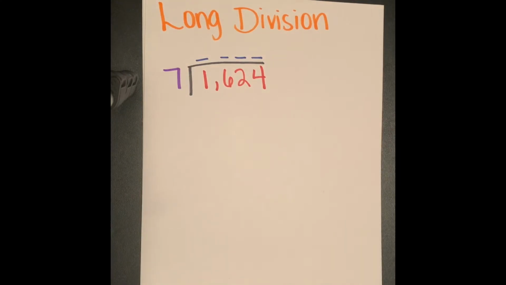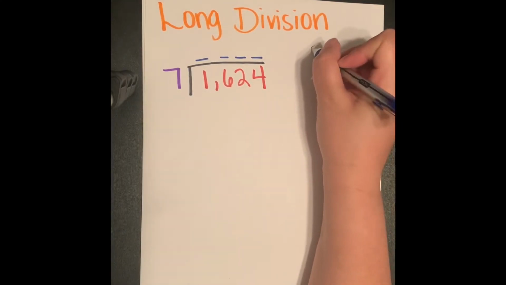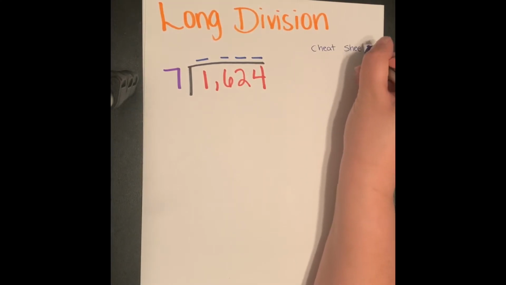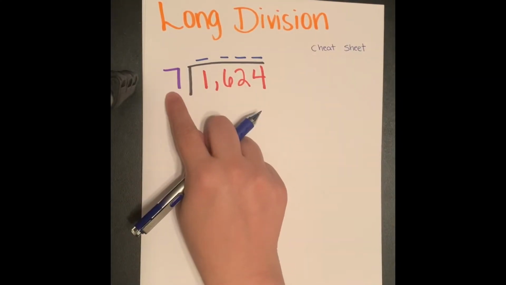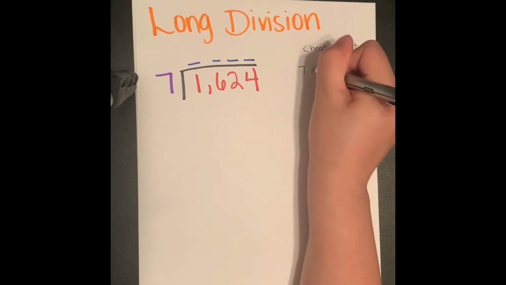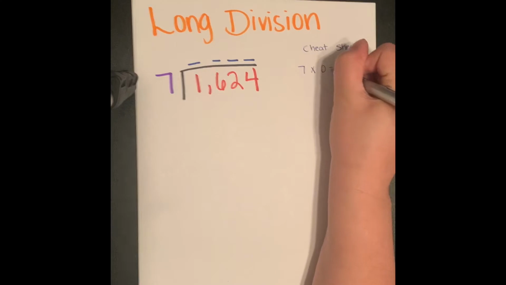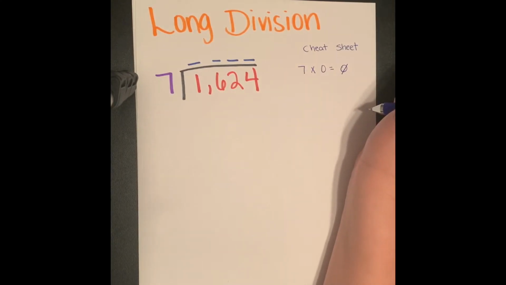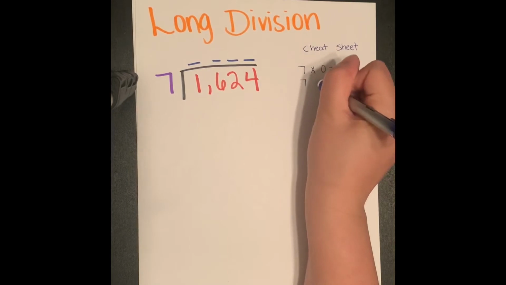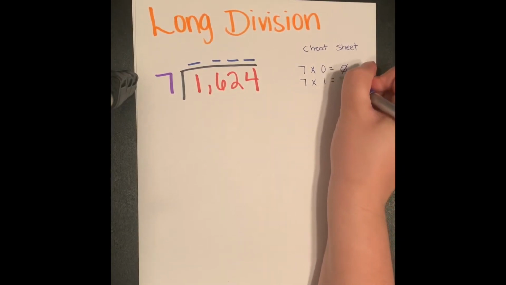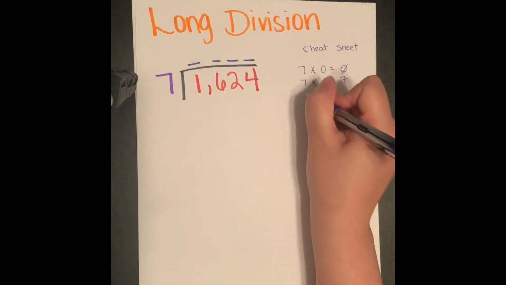So based on that fact, we can make a little cheat sheet of how much everything will cost at the $7 store. So if I go to the $7 store and I buy 0 items, I will spend $0. If I go to the $7 store and I buy 1 item, I will spend $7.